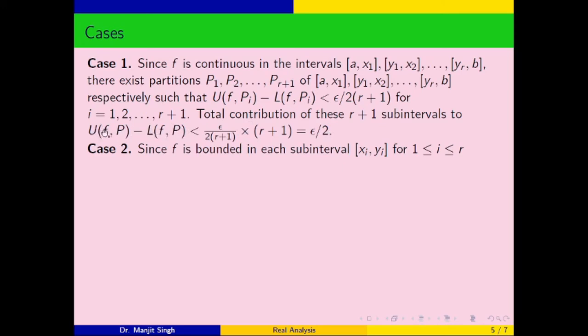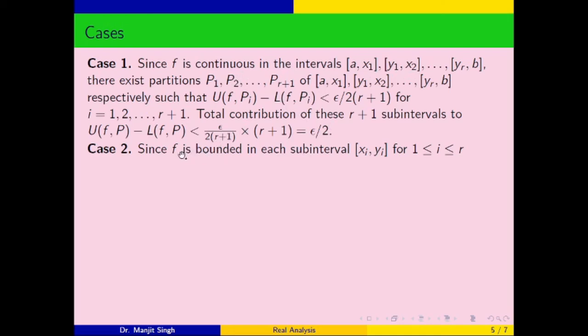This is the difference U(f,P) minus L(f,P). Note that this partition P is the one we have taken on the previous page. So the total contribution of all these partitions to the upper sum and lower sum cannot exceed epsilon by 2. This is simply by continuity, because the function is continuous in each subinterval.